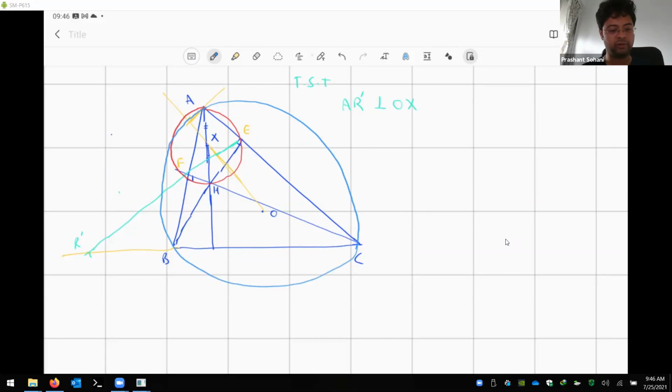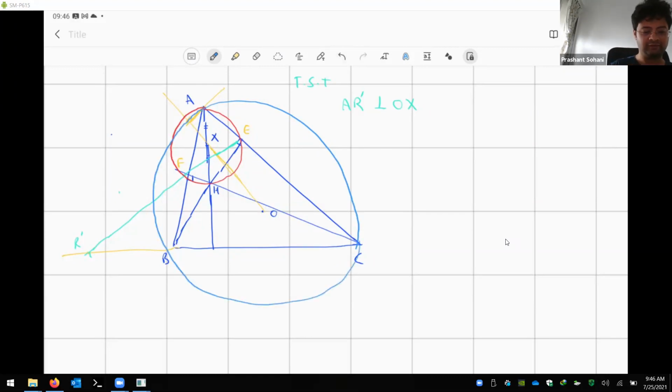Not drawn very nicely, it is very hard to draw on this tablet. But anyway, let's assume that this circle passes through A, B, and C, all of them.